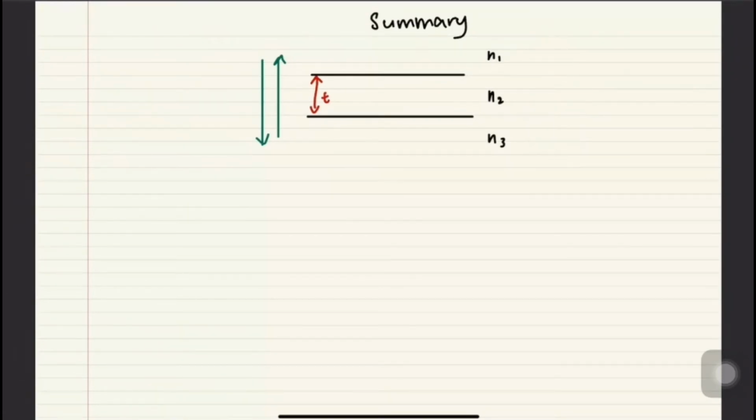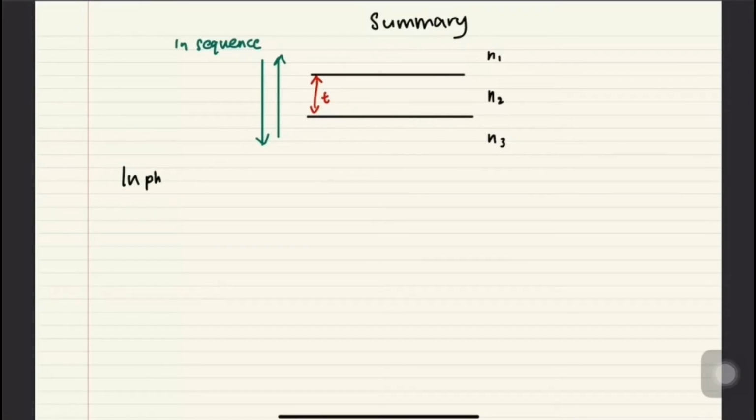Going down or up doesn't matter, as long as it is in sequence, we identify this one as in phase interference. If the numbers are not in sequence, for example the soap bubble just now, you have 1, 1.33, and then 1, right? So they are not in sequence. That one we consider as antiphase.